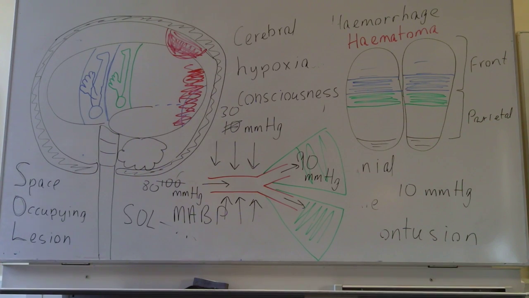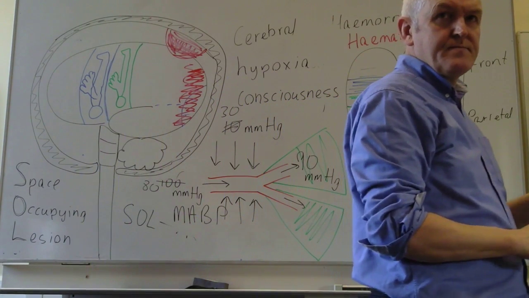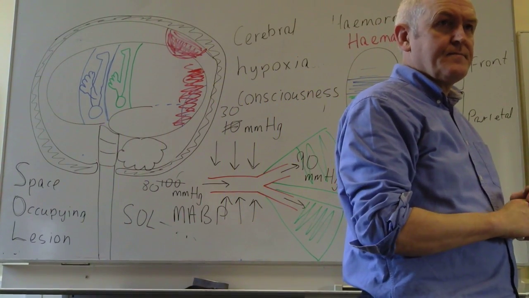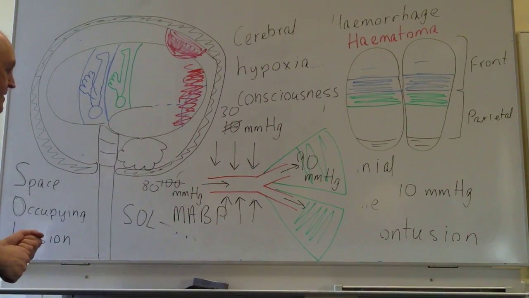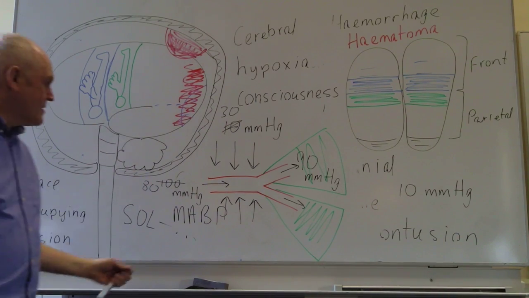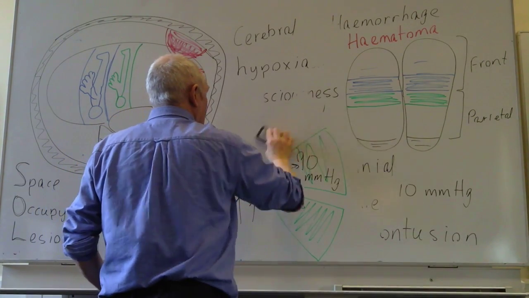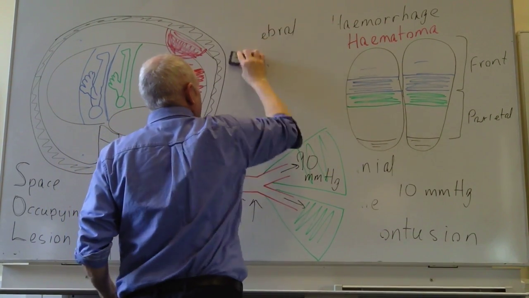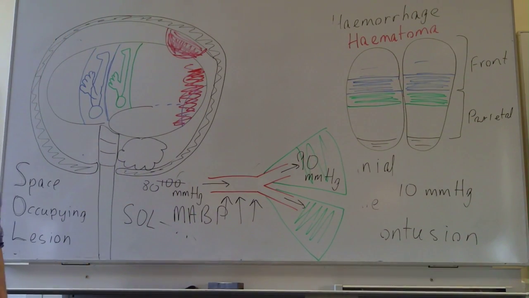So can you see raised intracranial pressure can lead to reduction in levels of consciousness? Does that make sense? So as we increase intracranial pressure, conscious levels can be reduced. How do we measure levels of consciousness? Jean hasn't taught you this yet, has she?